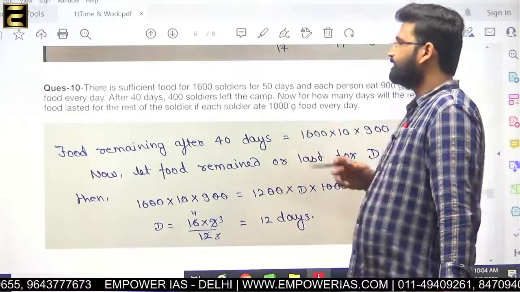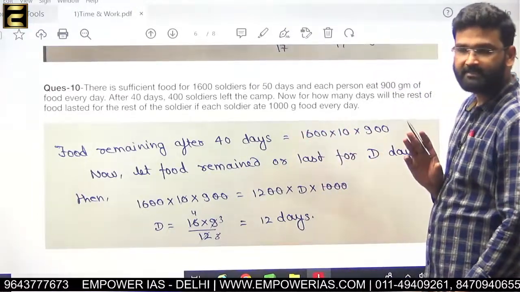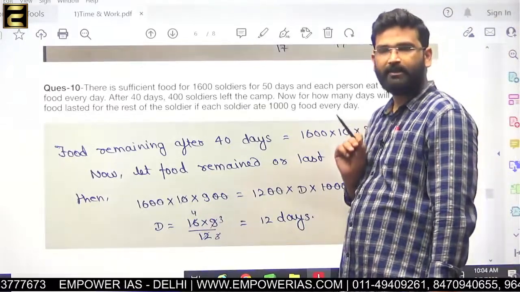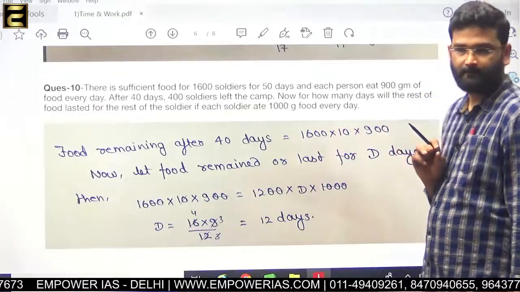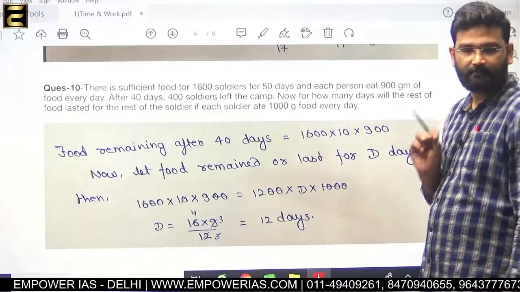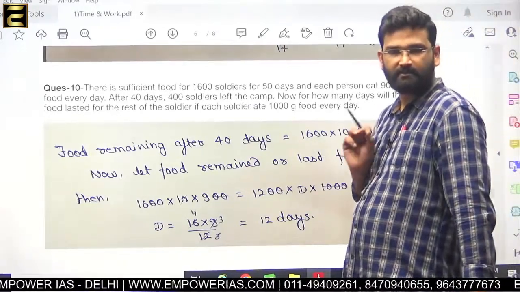So see here, there is sufficient food for how many days? 50 days. For how many persons? 1600. When each person is consuming how many grams? 900 grams.